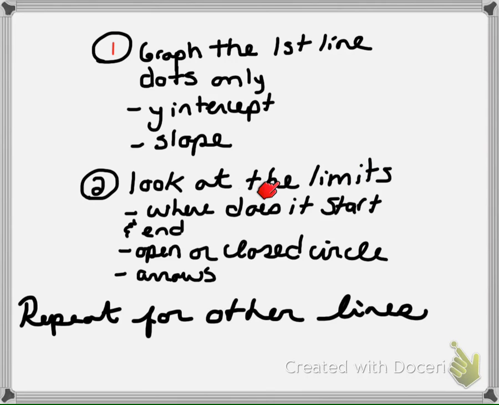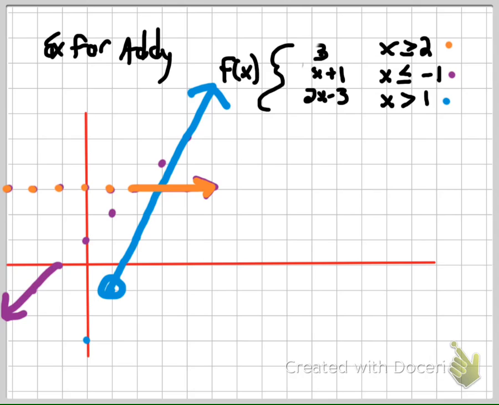Now I go to the second step, which is I have to look at the limits. Where is it starting and where is it ending? Are the starting and ending open or closed circles? And are there any arrows that I need? All of that is about looking at the limits. What I see with this limit is it's telling me x is greater than or equal to 2. So go to 2. Here's 1, here's 2.